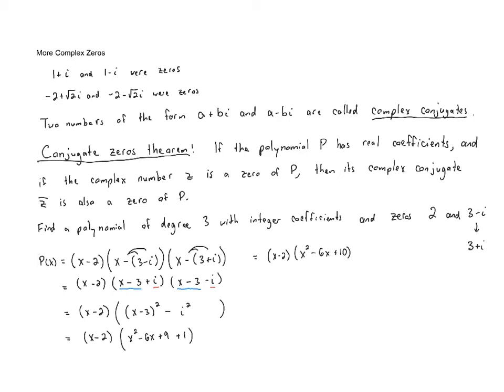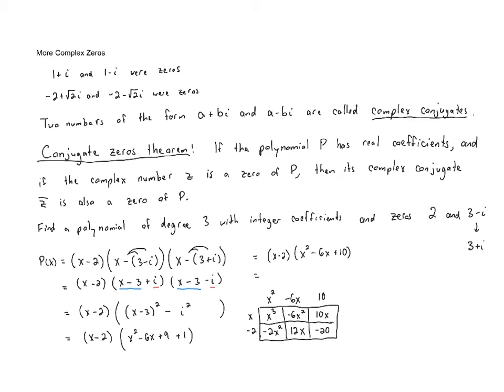And if we want to figure out what this product is, we can use the table method. We've got x and negative 2 on the left, and then up top we've got x squared, negative 6x, and 10. Multiplying out gives us x cubed minus 6x squared, positive 10x, negative 2x squared, positive 12x, and negative 20.